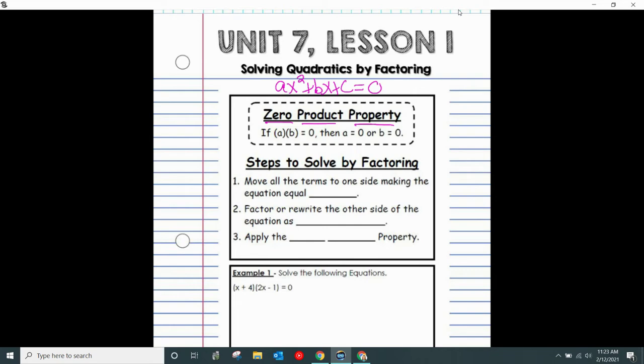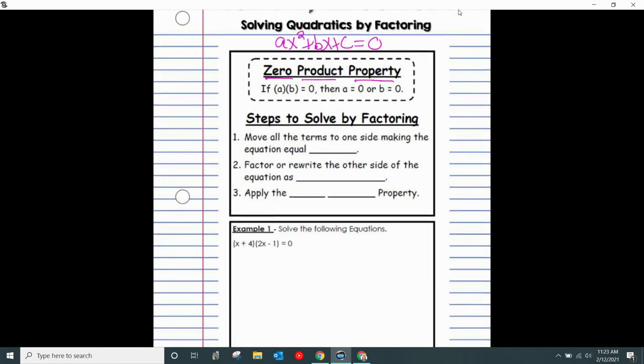So here are the steps to use to solve by factoring. You have to make sure and move everything to one side, making sure the equation equals 0. So you have to set everything equal to 0. Then you would factor or rewrite the other side of the equation as two binomials, or two pieces.